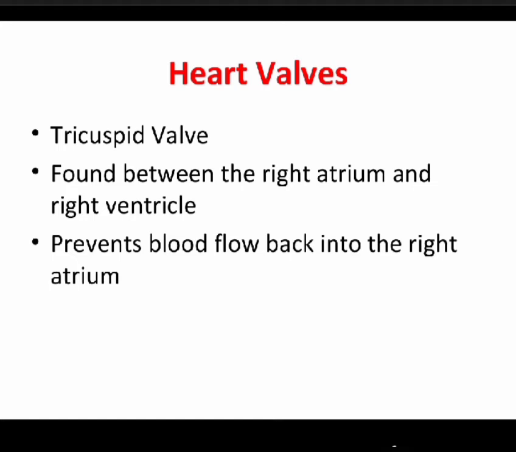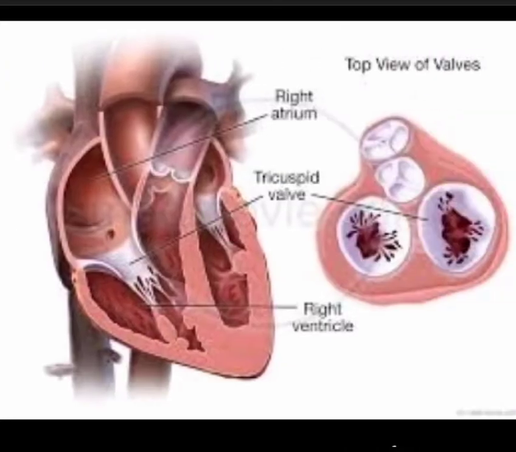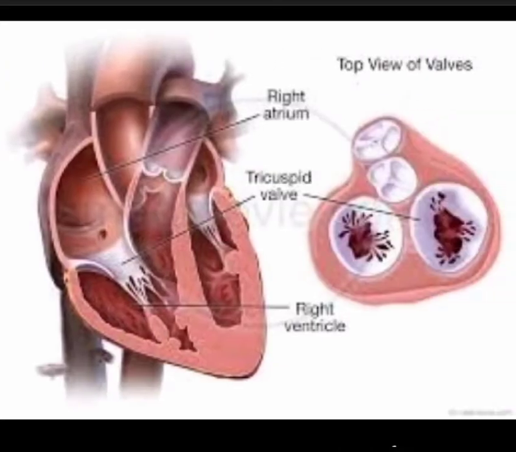Now, we also have what we call the tricuspid valve. It is found between the right atrium and then the right ventricle. It prevents flow of blood back into the right atrium. So this is the top view of the heart. We have the right atrium and the right ventricle.